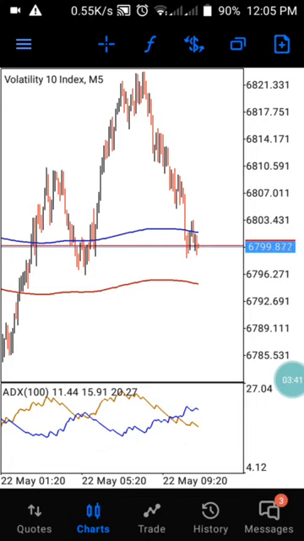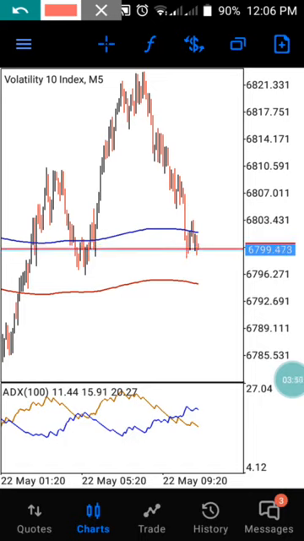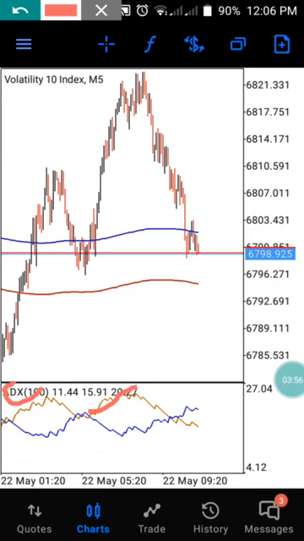Let me tell you how you can use this strategy to catch a trade successfully. What we have here is our Average Directional Index, with two colors, the yellow 9 and the blue 9.